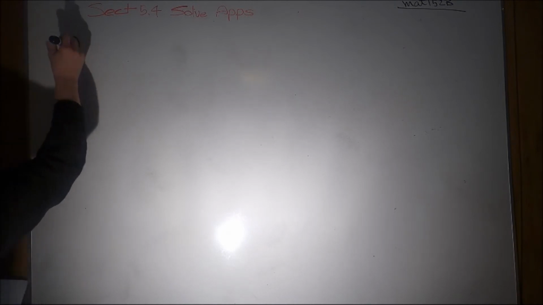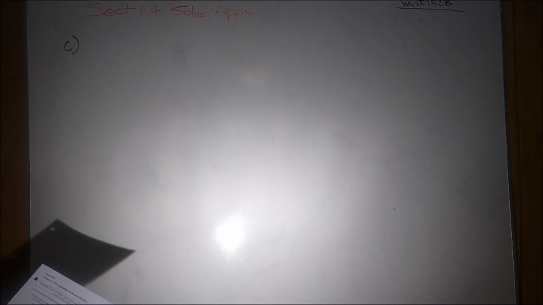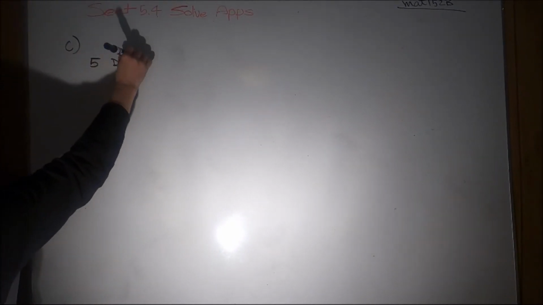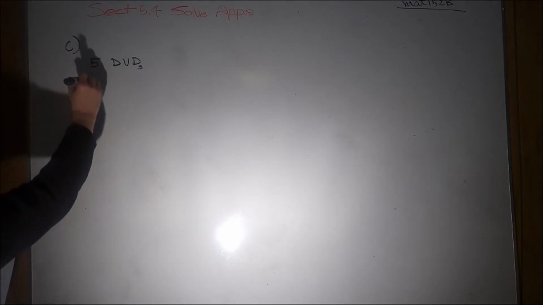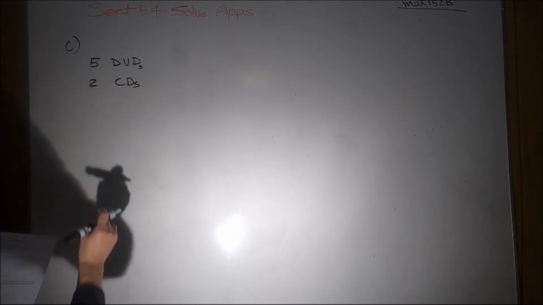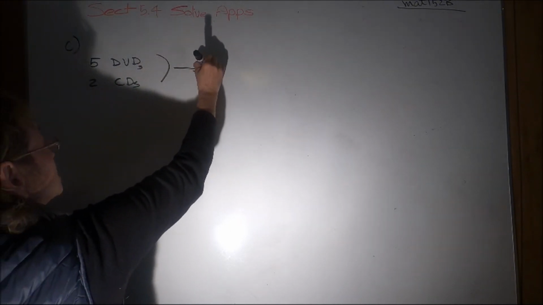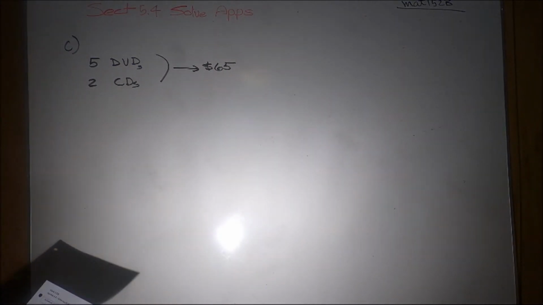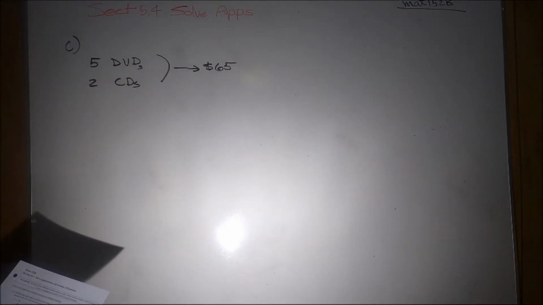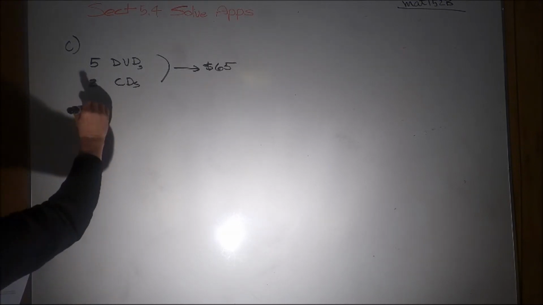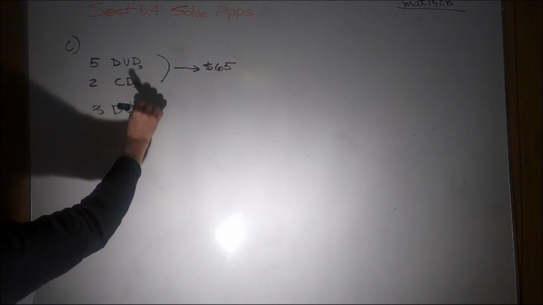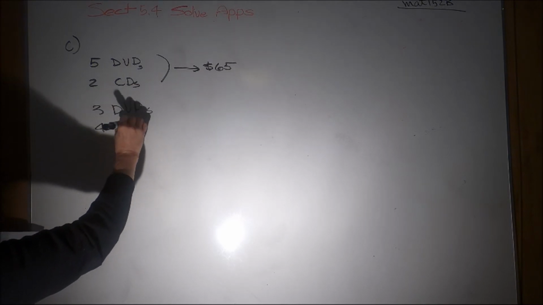Let's look at problem C. It says, last month, Jerry Papa purchased 5 DVDs, right? And 2 CDs at the store. Total, how much did it cost him? Total is $65. And this month, he bought what? 3 DVDs and 4 CDs.